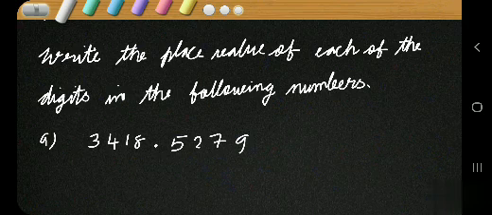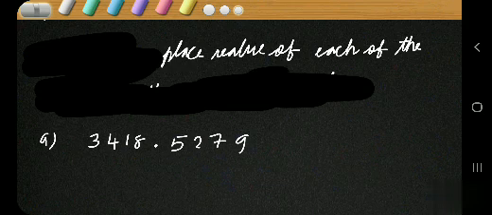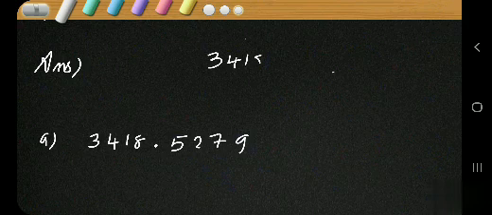So let's try to find out the place values one by one. You please write and continue. Since I have no space, I am doing it like this. Which is the given number? Yes, 3418.5279.